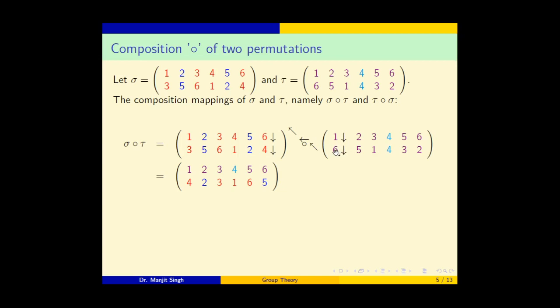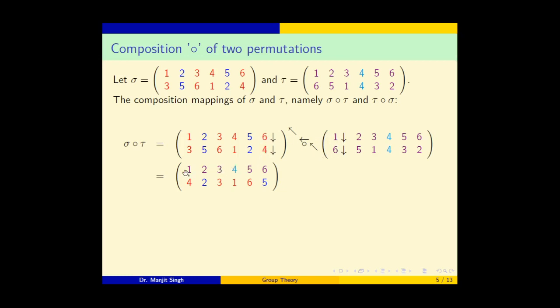Now we are with 6 and following the arrow, 6 has image 4 in tau. So finally, under this composition mapping sigma tau, 1 has image 4.